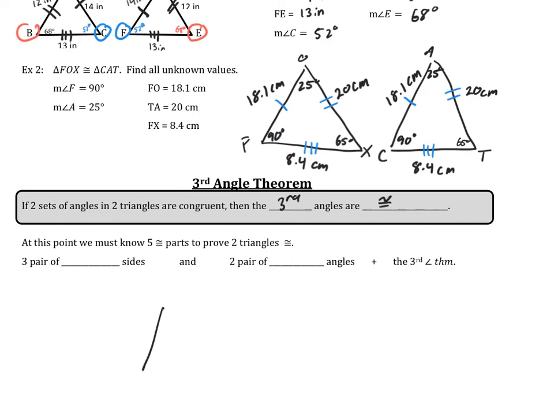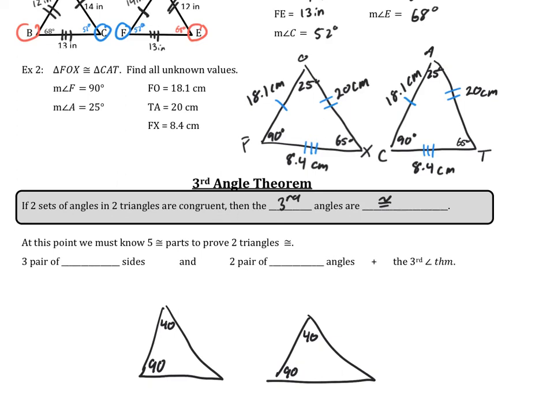So this is something we probably would have guessed if we had a 90-degree angle and a 40-degree angle, and we had a second triangle where we had a 90-degree angle and a 40-degree angle. Well, in both triangles, there's only one option for what that third angle should be. So of course, they're forced to be congruent.